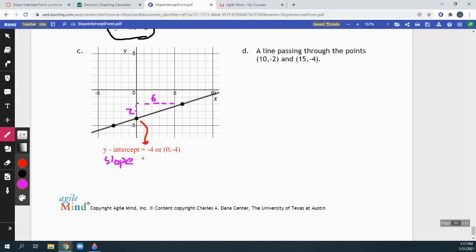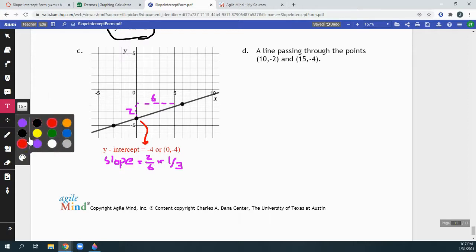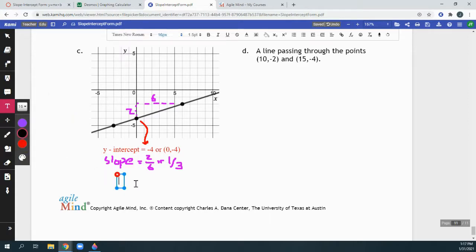Is y over x, so that's 2 over 6, or 1/3. Okay, so if I'm going to do this, it's going to be y equals mx plus b, which when I put in the numbers is going to be y equals m is my slope, so that's 1/3.